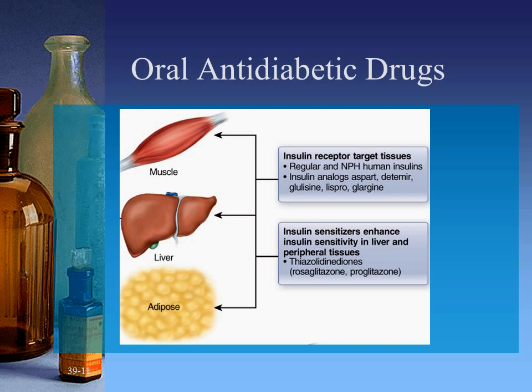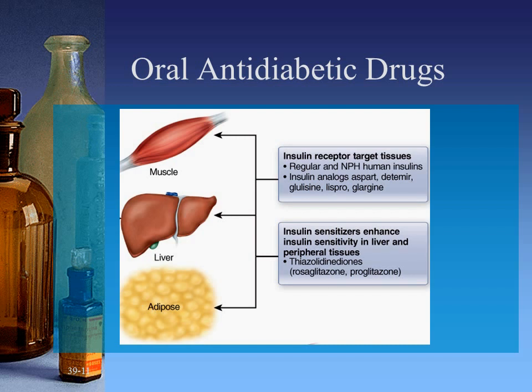So these three types of tissue have a lot of insulin target receptors on them. When we give an insulin sensitizer, it makes these tissues more sensitive to insulin. It does not stimulate insulin secretion, okay?